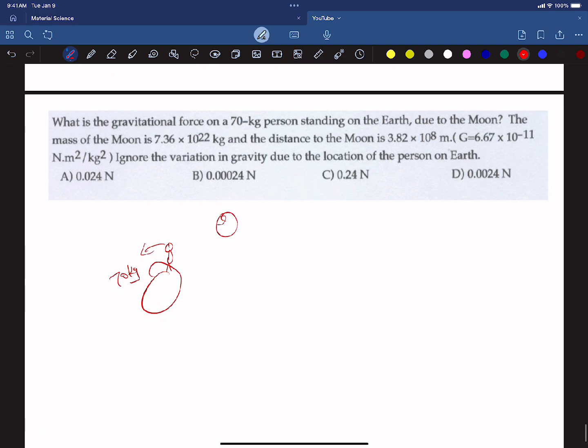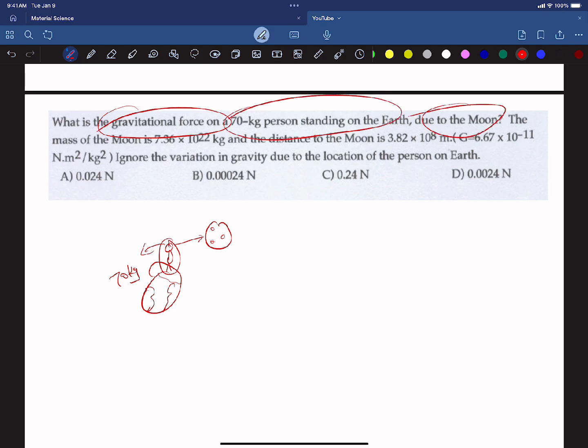Now the moon, so it looks like earth. The gravitational force of the moon will pull this person towards it. Now they want us to find the gravitational force by the moon on the person standing on the earth.